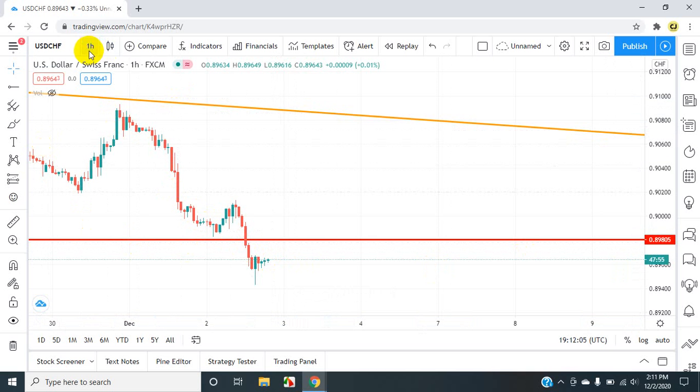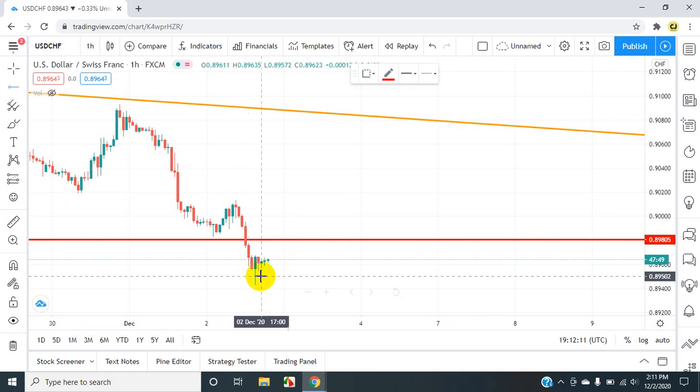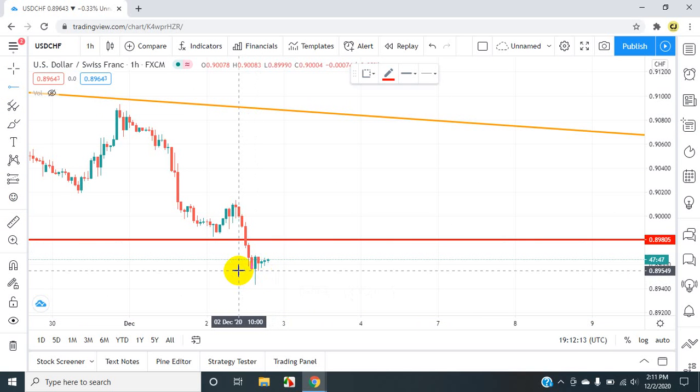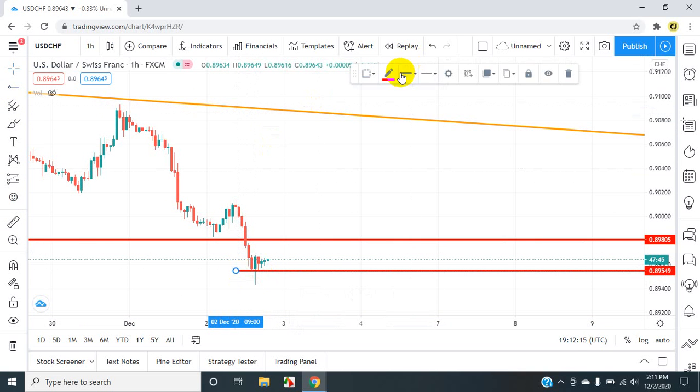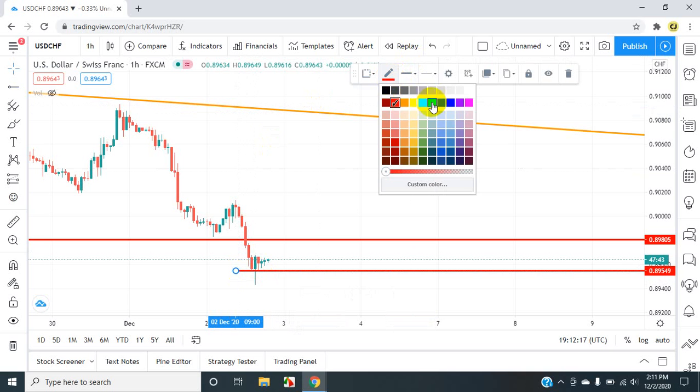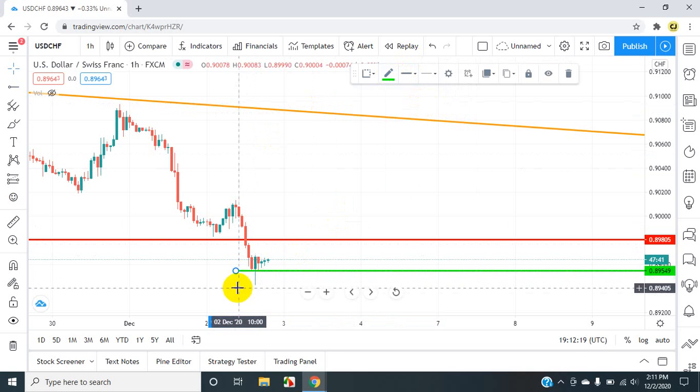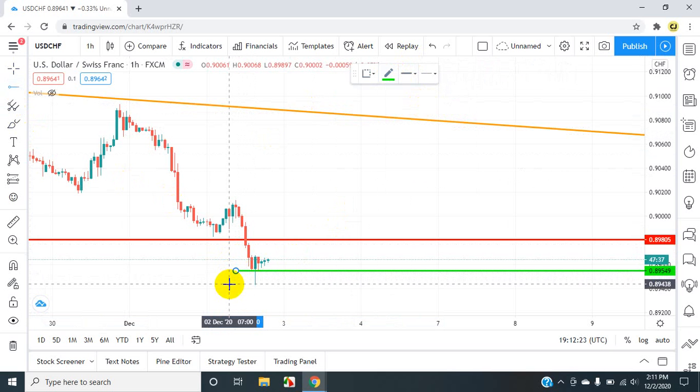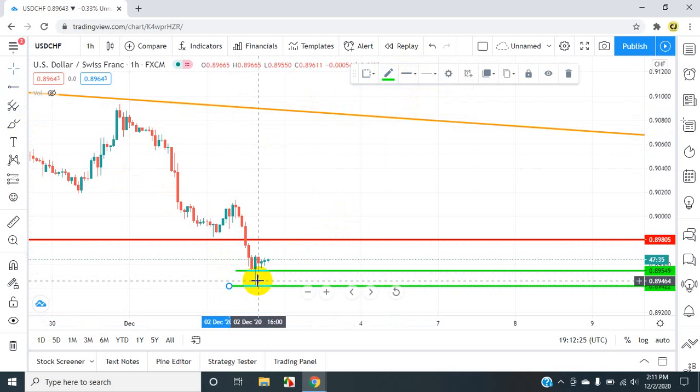So what I would do here is go to the 1 hour and create some type of support area. It could be a line, it could be a horizontal ray. Let's put a horizontal ray right here. I want to change the color to green. That's where we'll take entry. I like it to be below the wick.